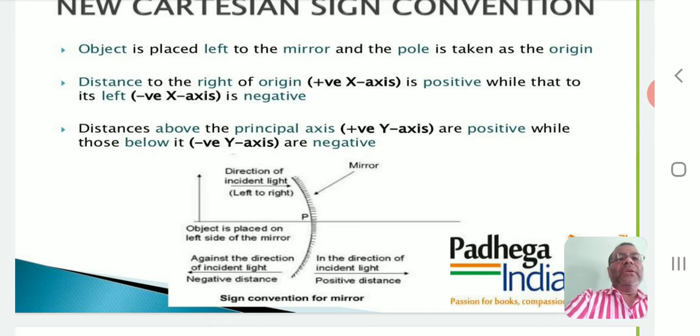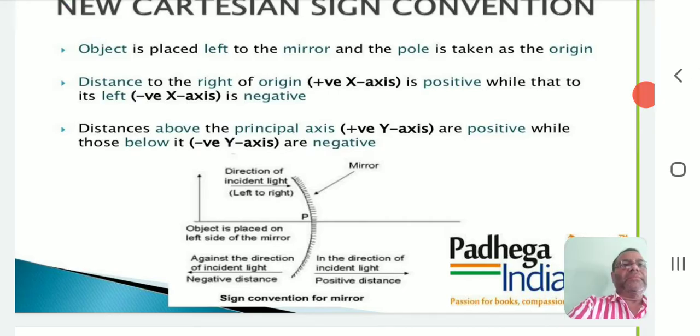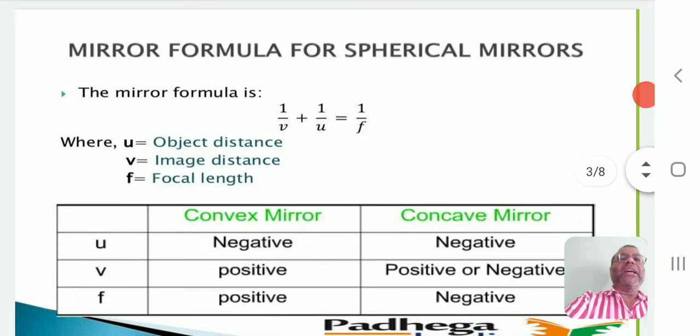Now, here in this diagram, it is very clear. An object is placed before this spherical mirror, and according to sign convention, the left side is indicated as negative distance, and the right side is positive. Okay, now come to the next slide.